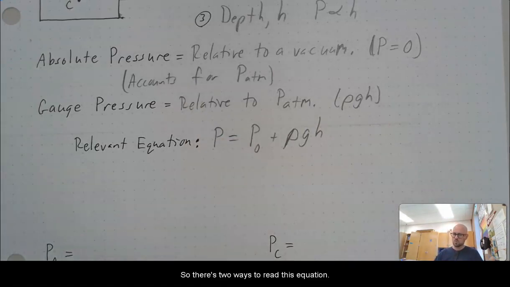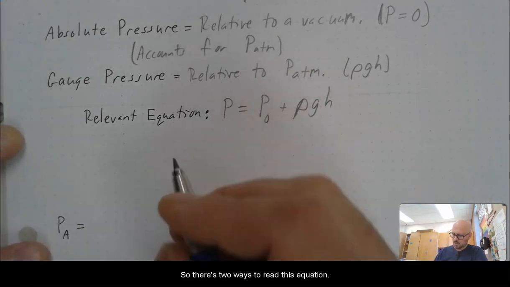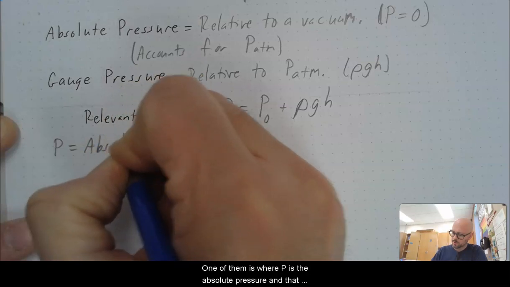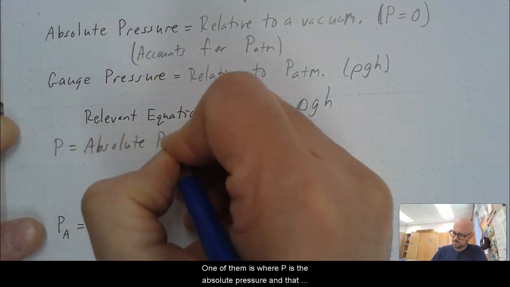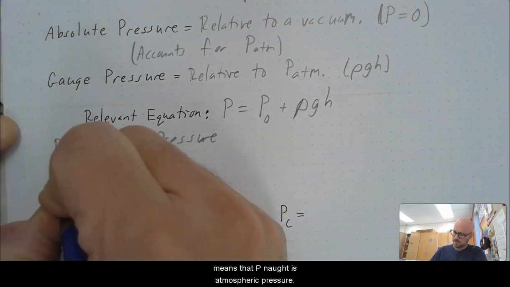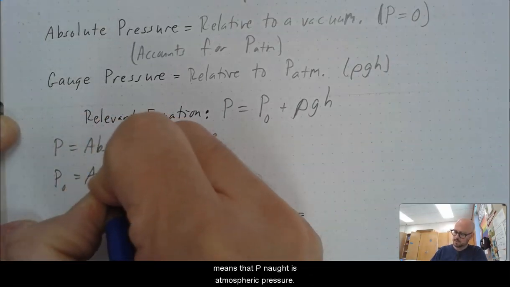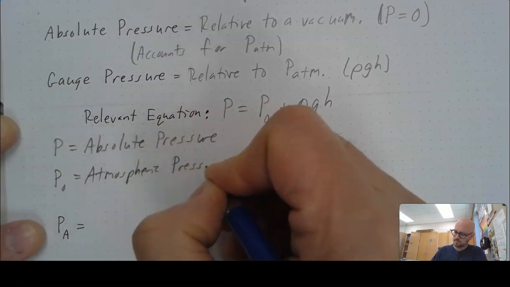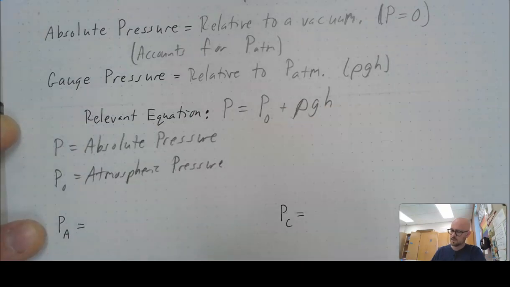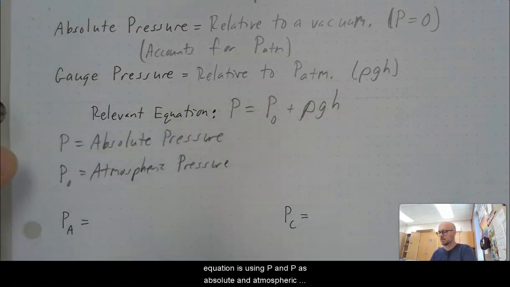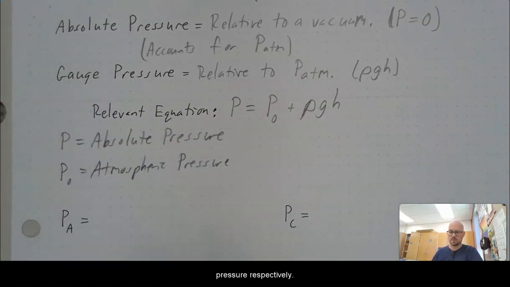So there's two ways to read this equation. One of them is where P is the absolute pressure, and that means that P naught is atmospheric pressure. So that's one of the ways in which you can use this equation, using P and P naught as absolute and atmospheric pressure, respectively.